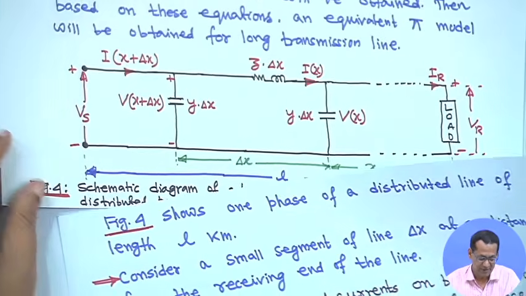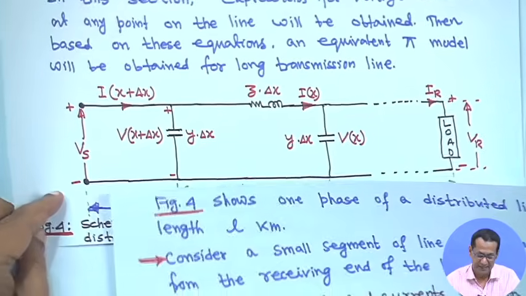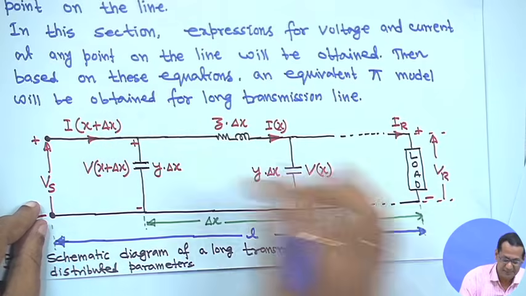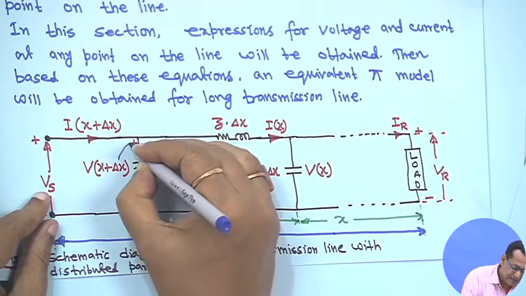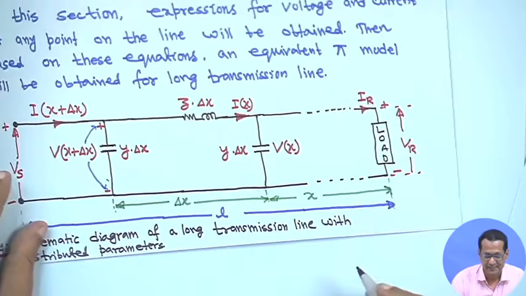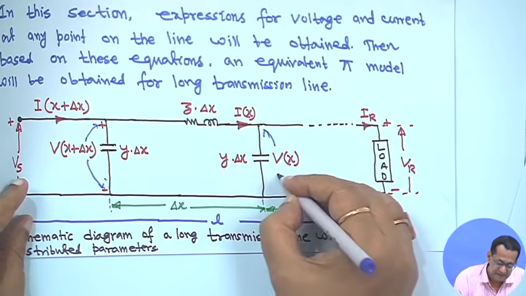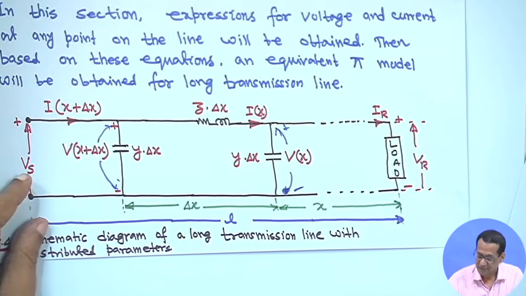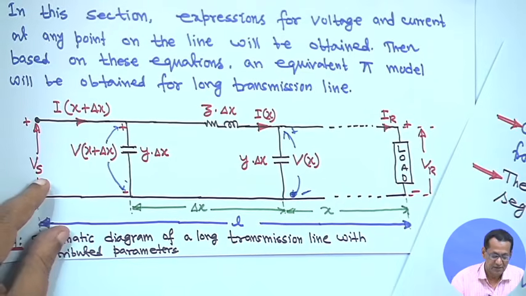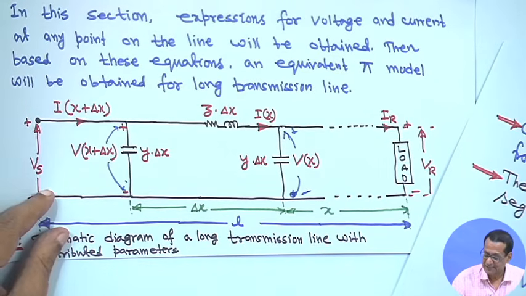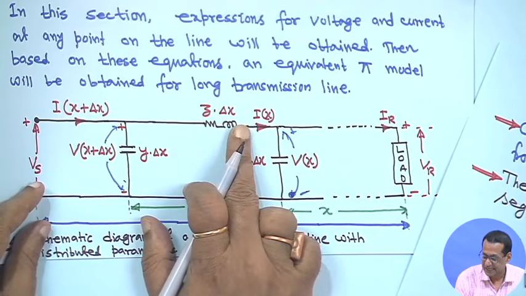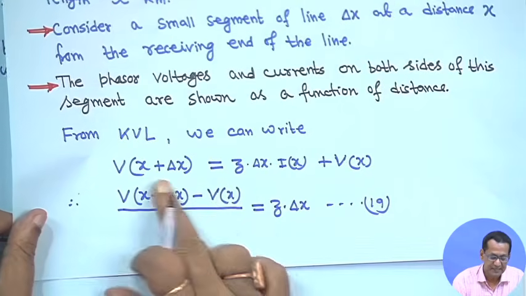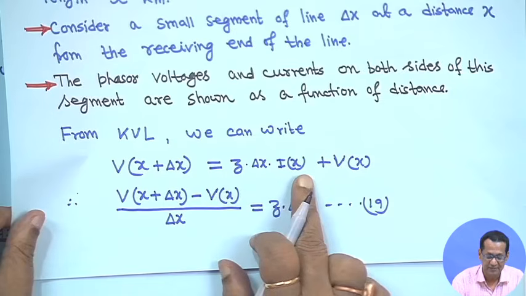Now in this case you apply KVL. This voltage is V x plus delta x, and this is V x. Applying KVL, V x plus delta x is equal to small z into delta x into I x plus V x.